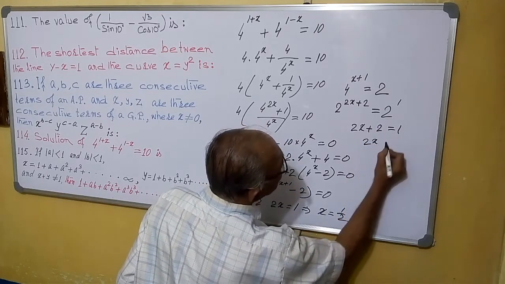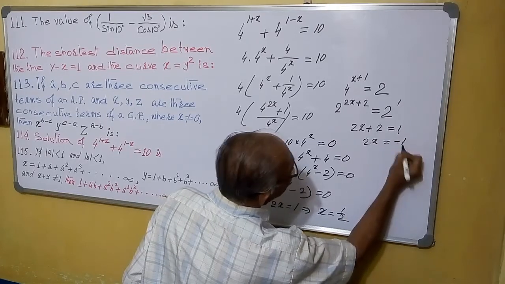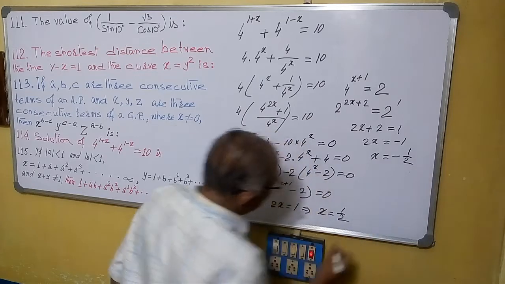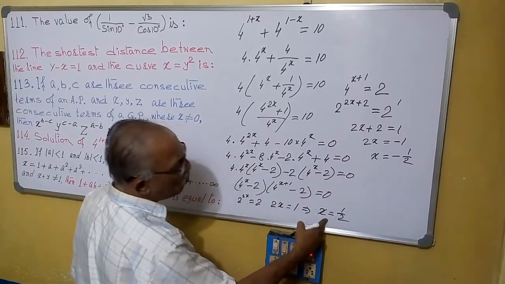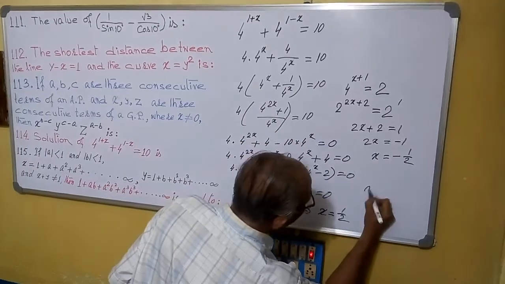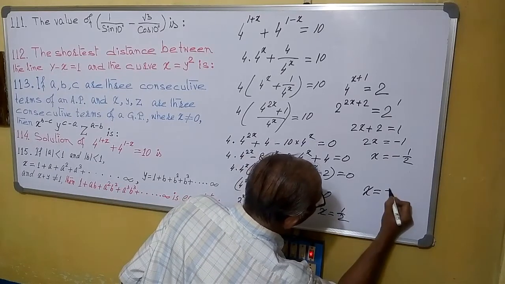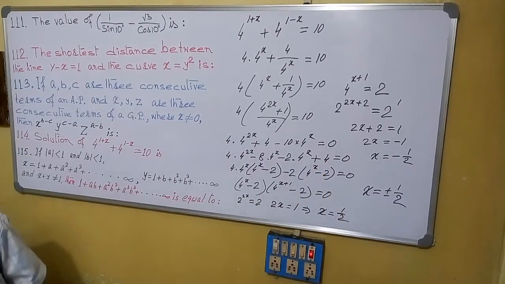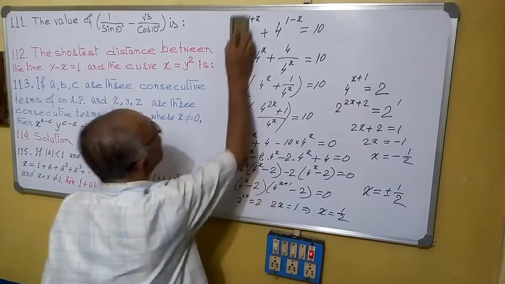So 2x equals minus 1, or x equals minus half. So our answer is x equals half, x equals minus half. We can write x equals plus minus half. This will be our answer.